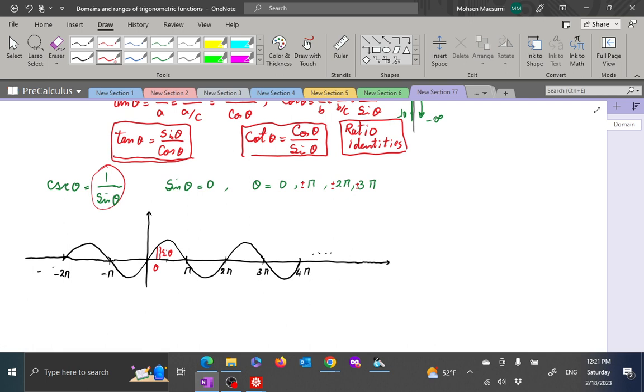So I eyeball this. Suppose this high point is 1. Suppose this is half. 1 over a half will be 2. Is that right? So I look at the length of this and say, well, this is a half. If this was a half, just for example, the reciprocal would be 2.